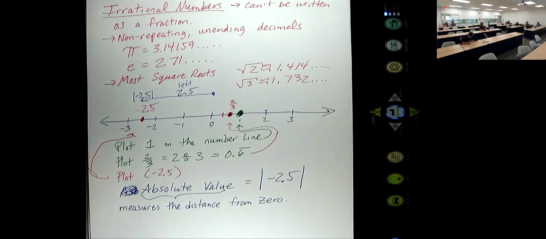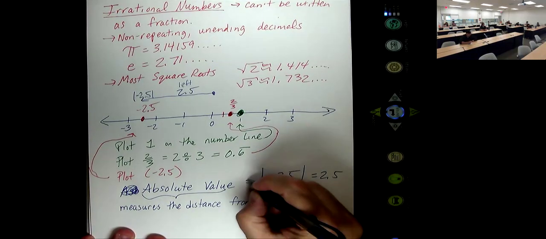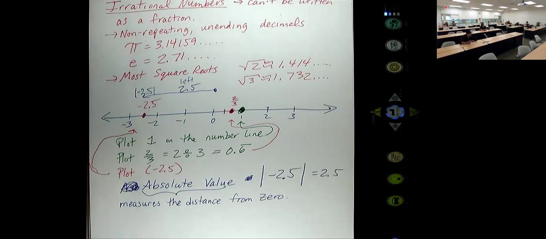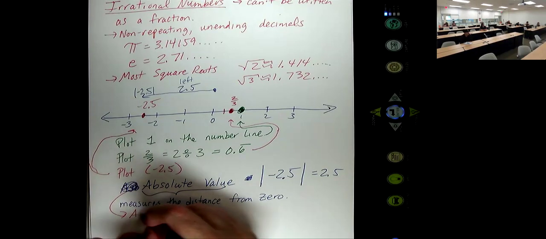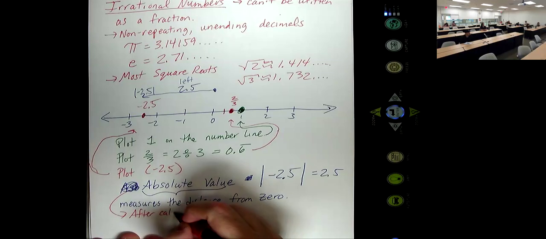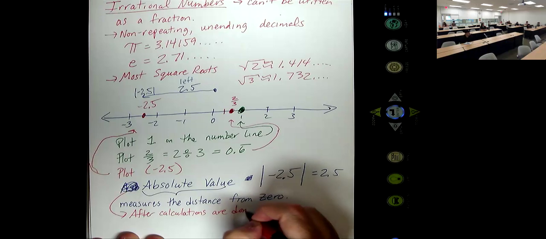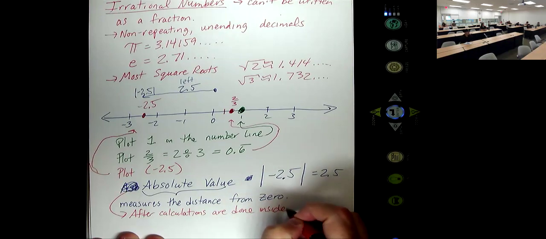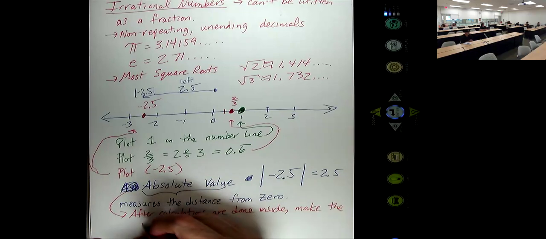I get to the absolute value of -2.5, so this would be 2.5. That's important to math majors, but for everybody else, the way you remember absolute value is just: after calculations are done inside, make that value positive.